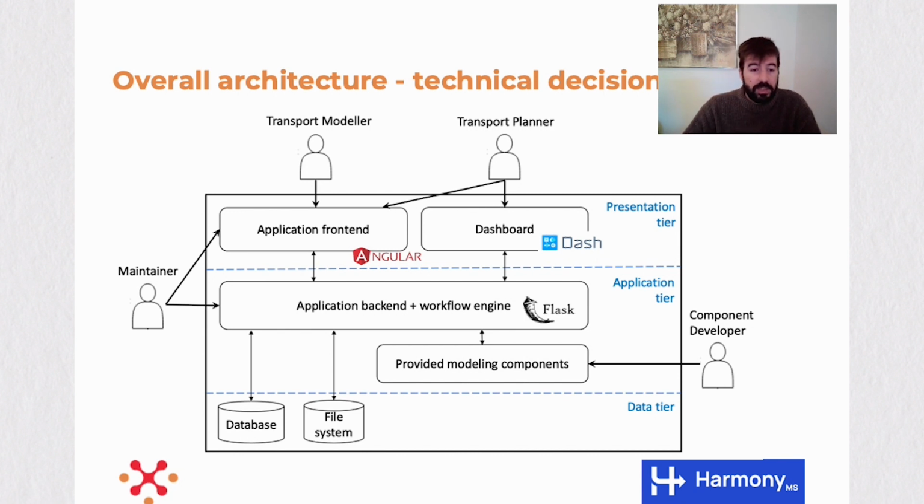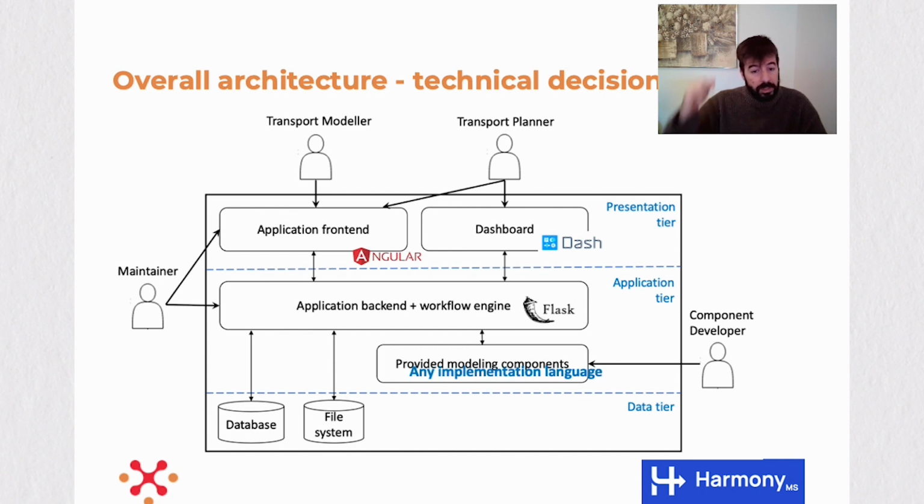For the application tier, which consists of the logic that basically takes the user's request from the front end and runs the different components in the right sequence, and also generates the results, also saves the results in the database, we have used Python, and in particular a REST framework for creating web applications called Flask.